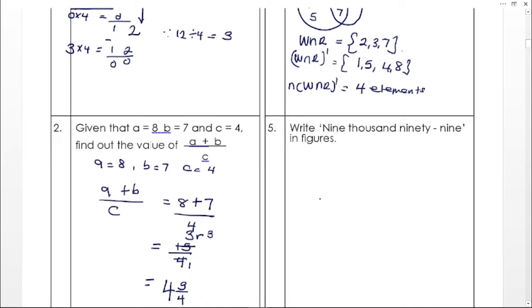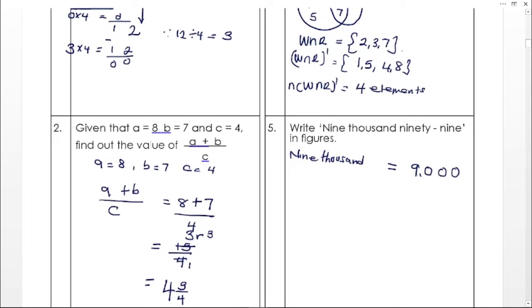This question says, write 9,099 in figures. Figures, those are the digits. So we are going to start with the 9,000. And how do you write 9,000? 9,000.